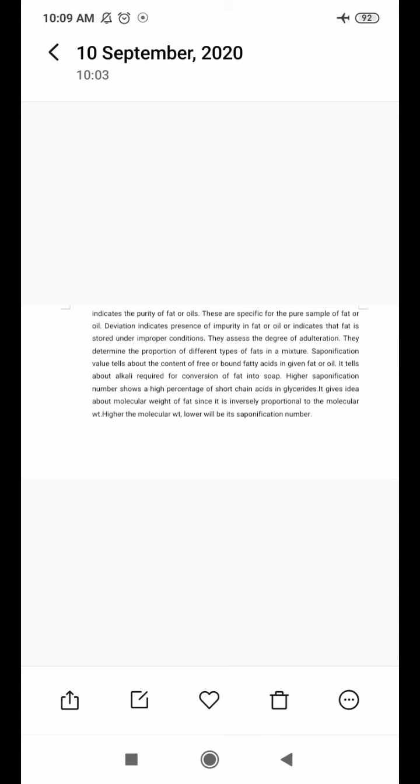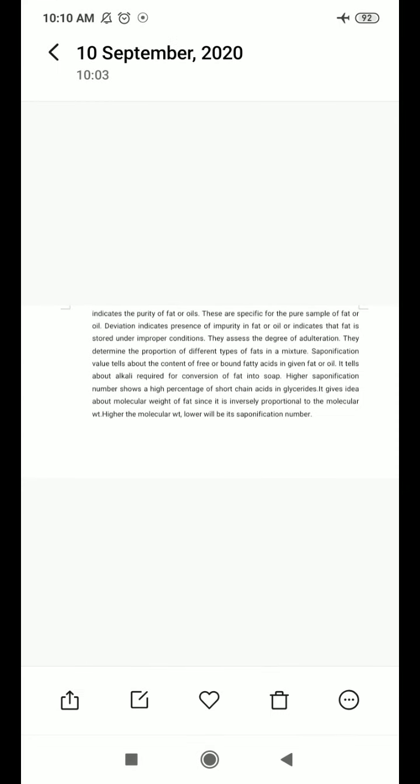It gives an idea whether adulteration has taken place, and how much of the acid is converted into glycerides.